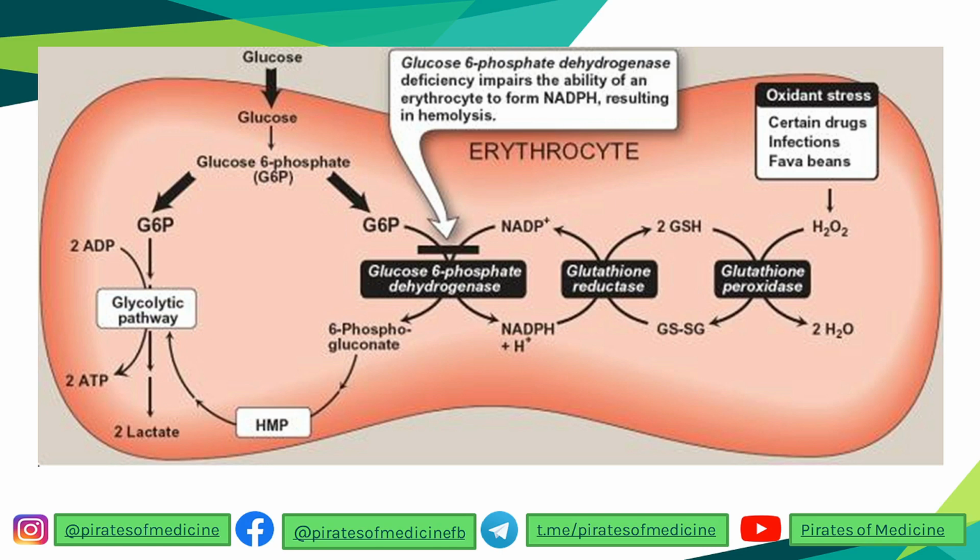Oxidative stress is the stress caused by various free radicals, hydrogen peroxide and other such substances, and this can cause harm to the erythrocyte membrane.